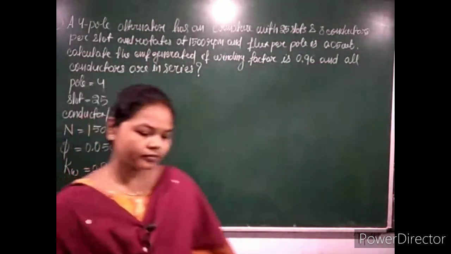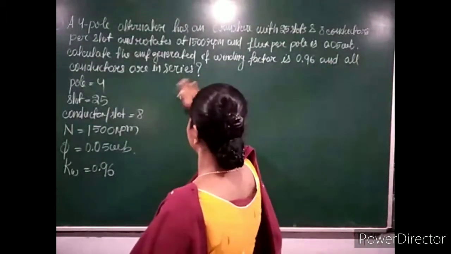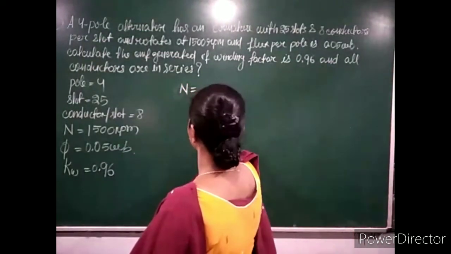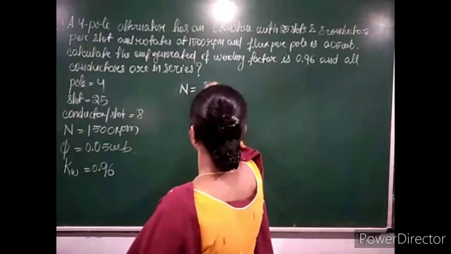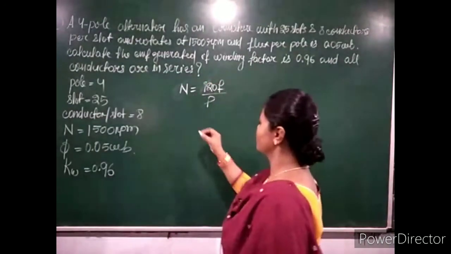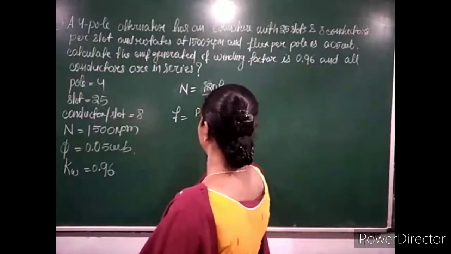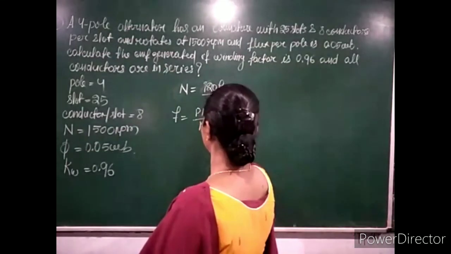So here first we find the generated frequency. You know that speed is 120 f by number of poles. From this relation we get frequency is Pn by 120.